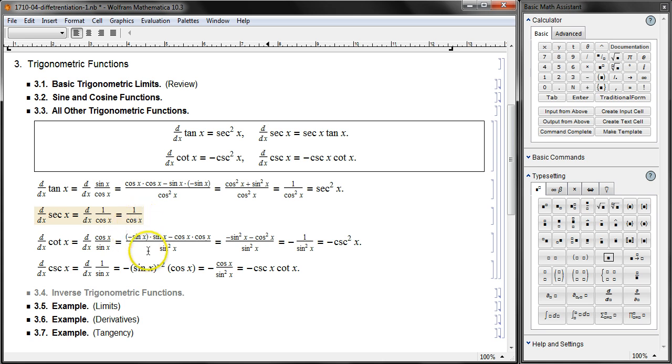So the denominator squared, and then the derivative of the numerator 0 times the denominator minus 1 times the derivative of the denominator.